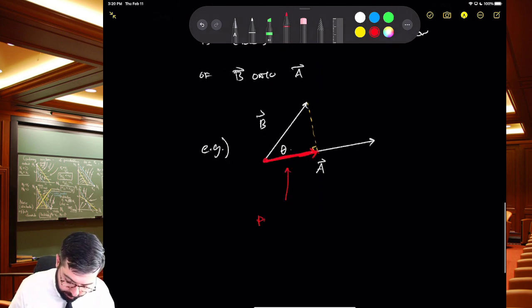This is called the projection of B onto A.